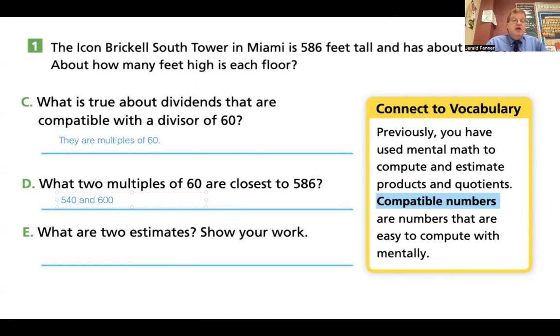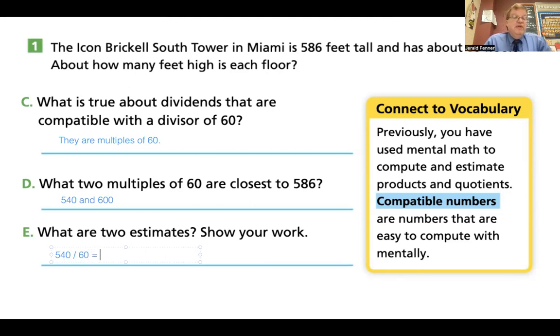Okay. What are two estimates? Show your work. So this would be 540 divided by 60, and this is where you can see that a fraction can be used to show division.